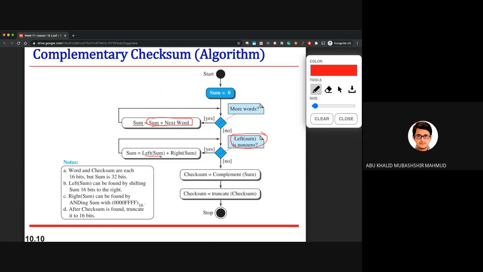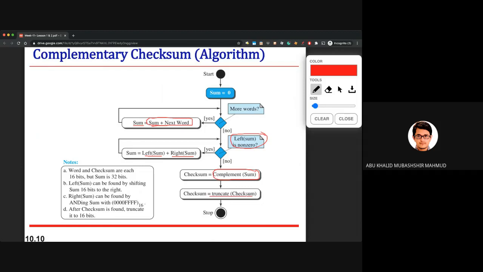Then we generate the checksum by complementing the sum, and then we use a truncate function, which is a further processing of the checksum.